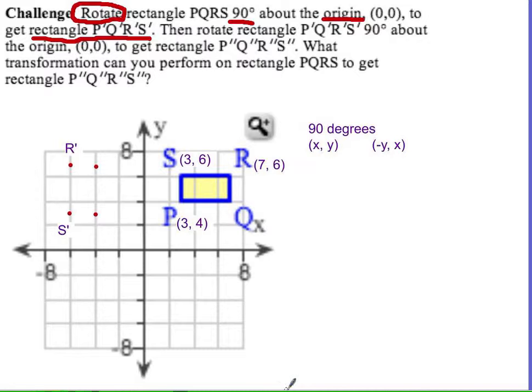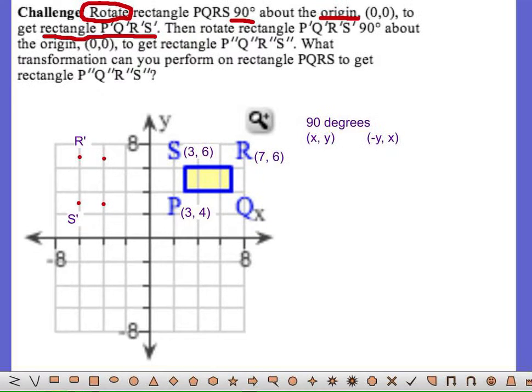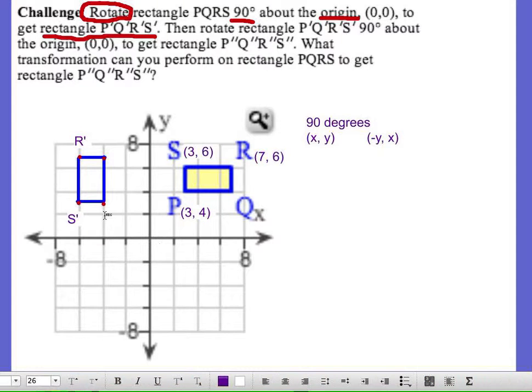So we could go ahead and put in Q. Just make sure I have everything straight. Go ahead and draw this in. Alright.